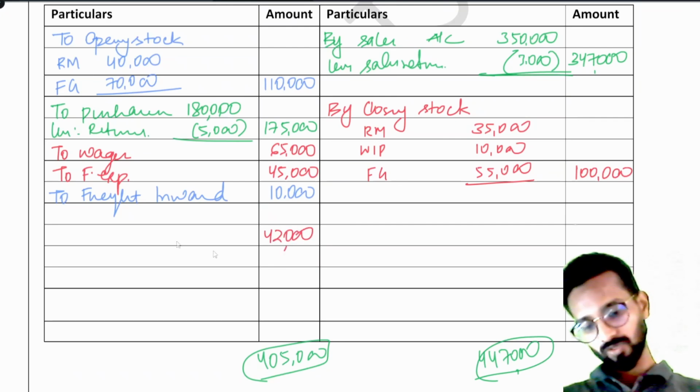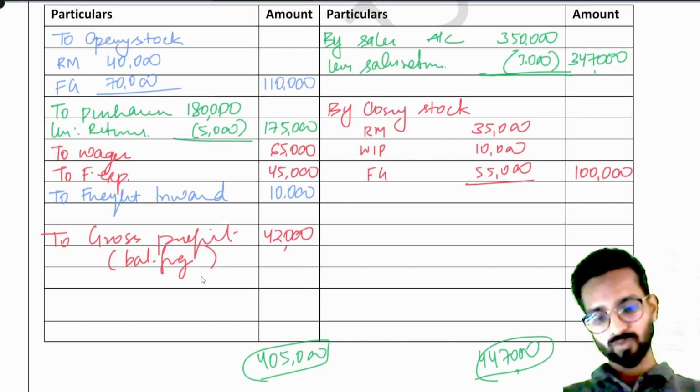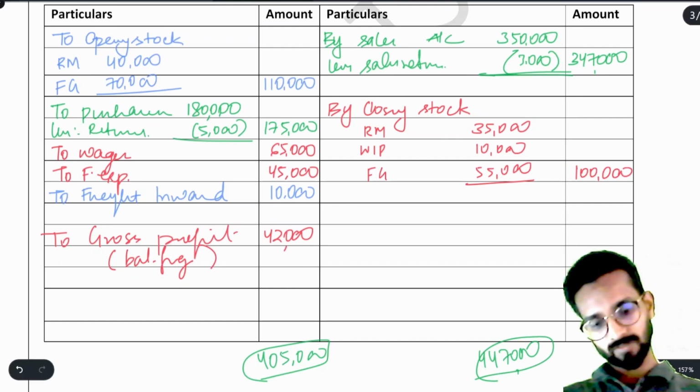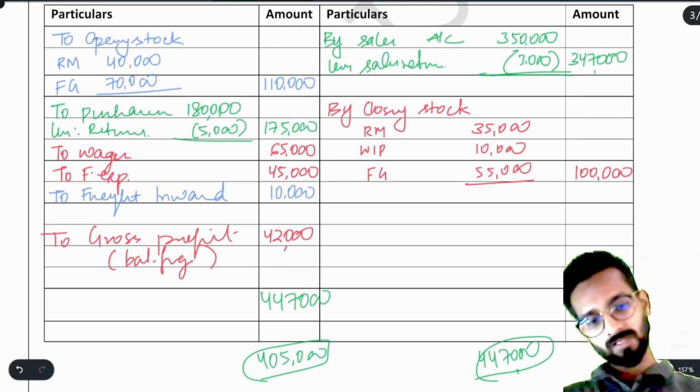That is your gross profit, that is your balancing figure, and you will write the total on both the sides 4 lakh 47,000. Easy? Very easy. Say very easy.